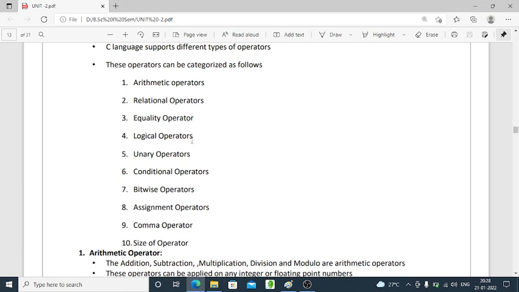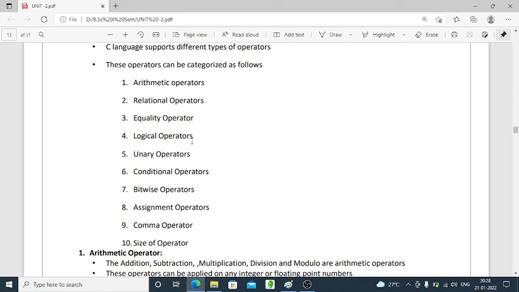Next one is logical operators. Here we discussed logical AND, logical OR and logical NOT. Logical operators work on expressions. In the case of logical AND, the rule is: if both expression values are 1 or true, then the output is true. Otherwise, the output is false.